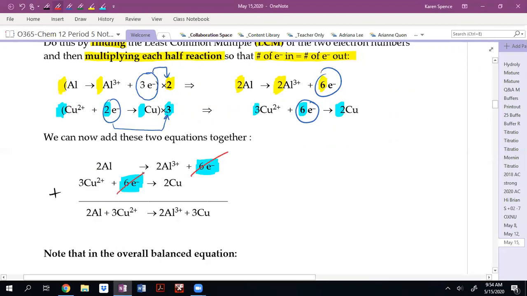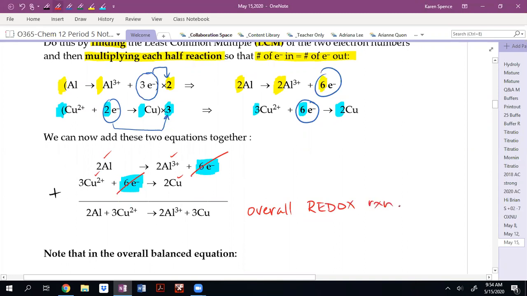Okay? And then we just add up the 2 equations. We have 2 aluminum, 2 aluminum. We have 3 Cu2 plus, 3 Cu2 plus, 2 Al3 plus, and 2 Cu. And that is our overall redox reaction.